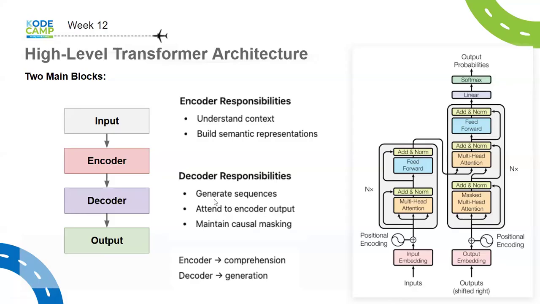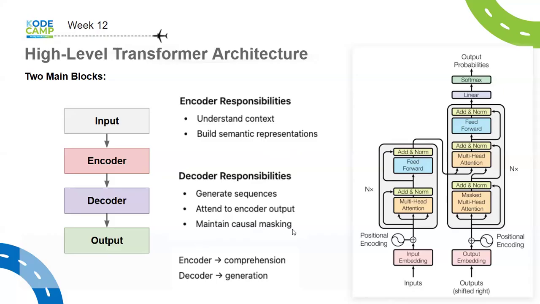And as it is generating a new sequence, it will attend to the encoder output. So what attend means in this case is the attend of attention. It will essentially determine which of these elements or tokens in the encoder output matter to what it is generating.